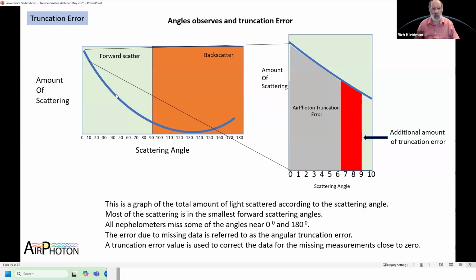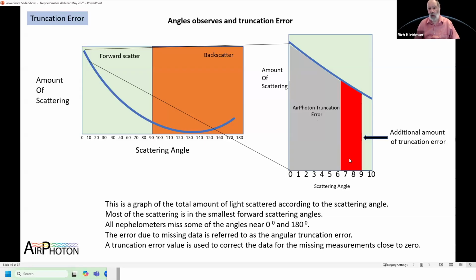You can see this is going to be more crucial, as I mentioned before, because most of your signal is here. So this area that you don't measure is called the truncation error, sometimes the angular truncation error.